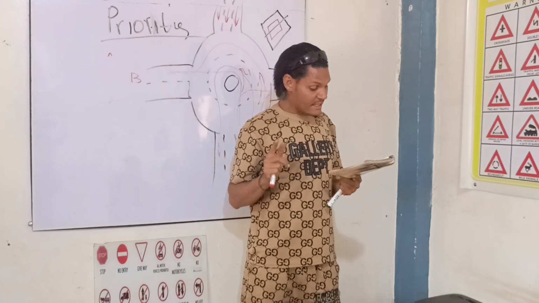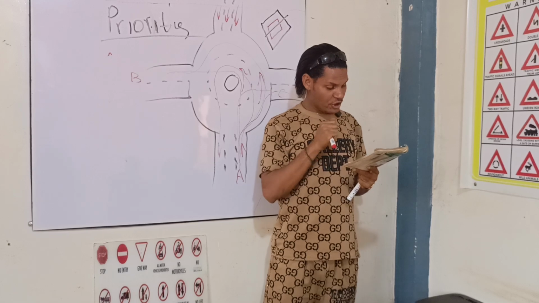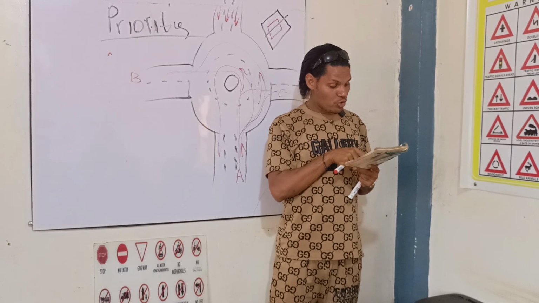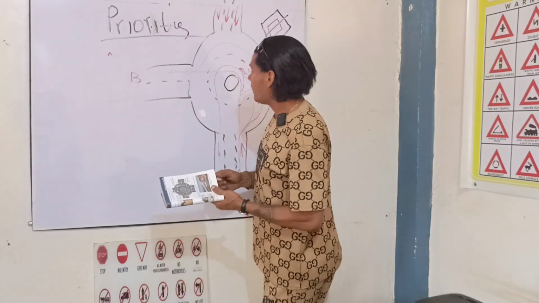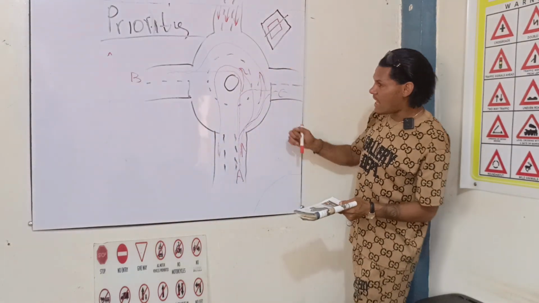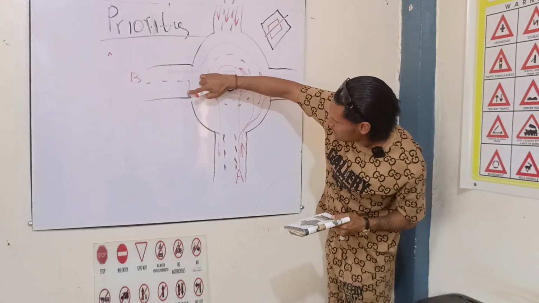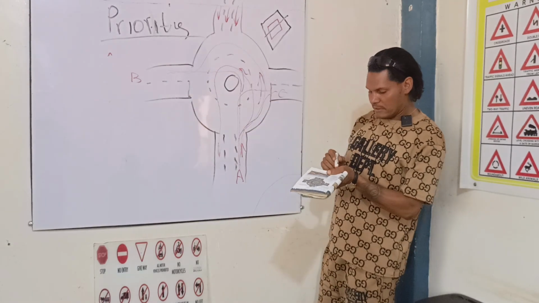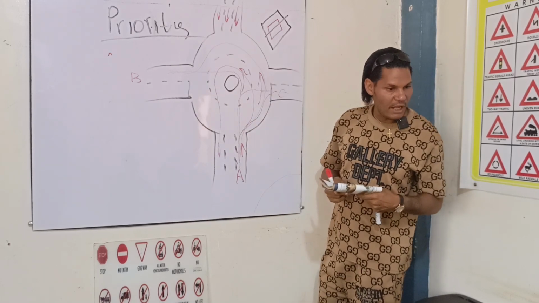Okay. Exceptions. Now, we are still talking about our roundabouts. Exceptions. Some roundabouts do not have signalings. For example, when they are talking about signalings here, I drew. Okay, good. What's this? What's that say? It says stop now.